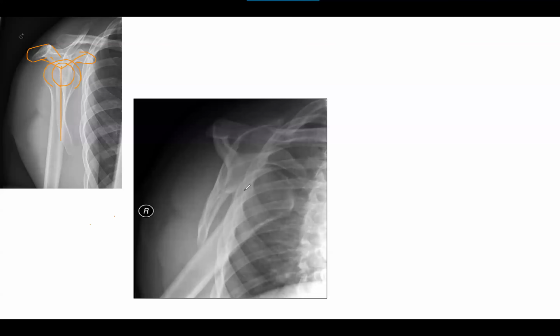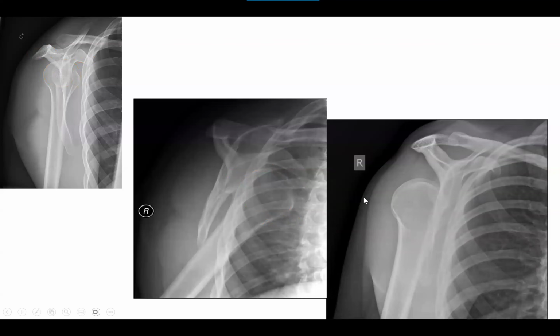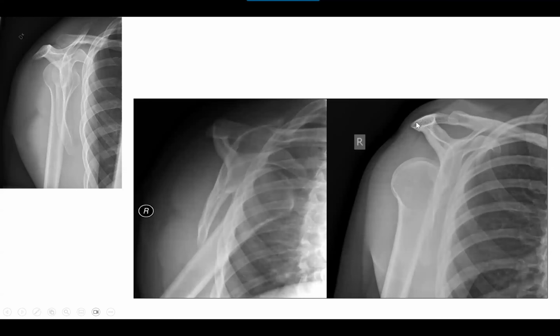But if the glenoid fossa is empty and the humeral head is displaced anteriorly, it becomes subcoracoid. This is anterior dislocation. It moves towards the chest wall. But in posterior dislocation, it moves away from the chest wall, in a subacromial location. Note again, the glenoid fossa is empty.